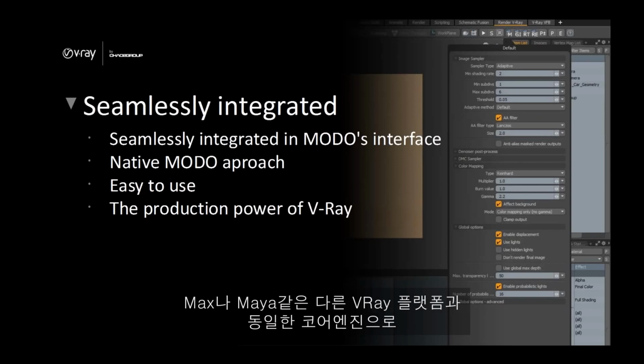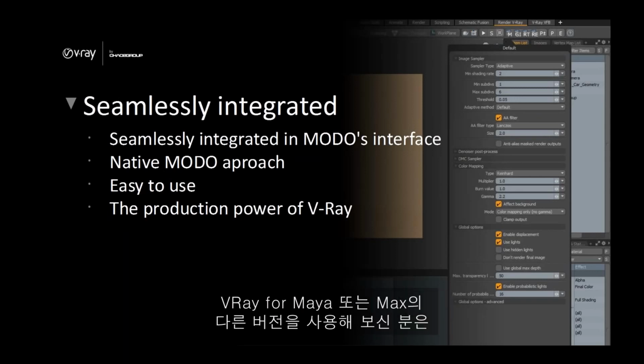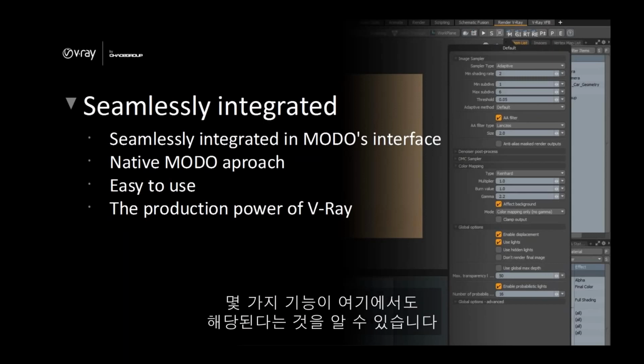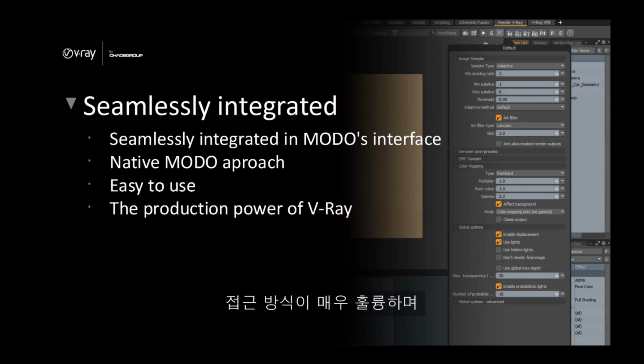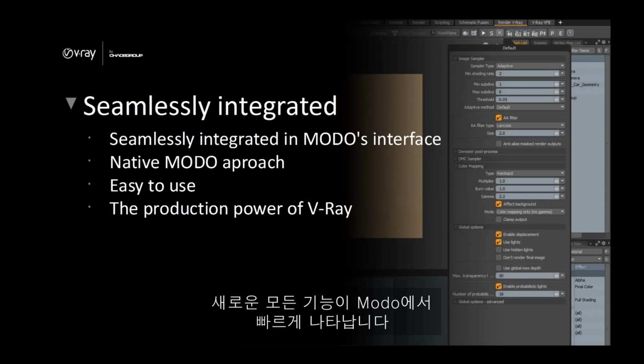So the same core engine as all of the other VRay platforms like Max, like Maya, everything is the same in MODO. And maybe some of you saw VRay for Maya or for Max or any other version, and you see some of the features corresponding here as well. This is a beautiful approach, and now since we have a unified core for all VRay versions, everything that's new will quickly appear in MODO.